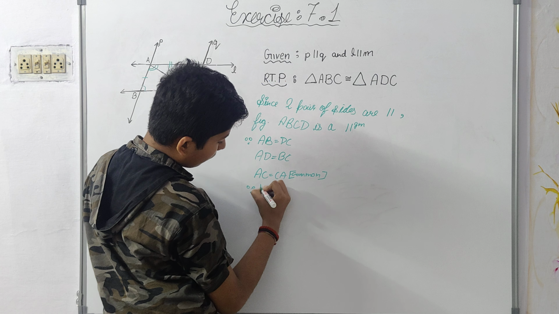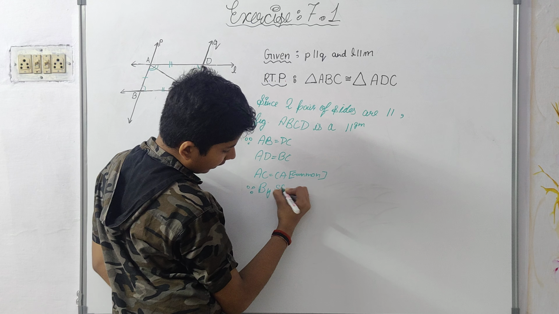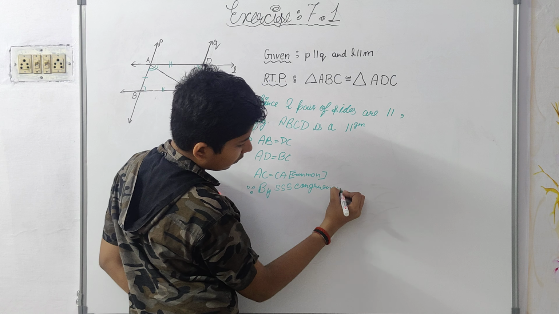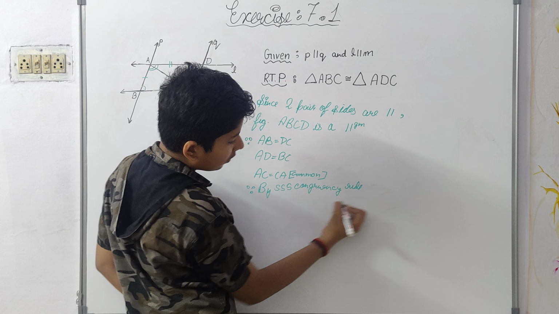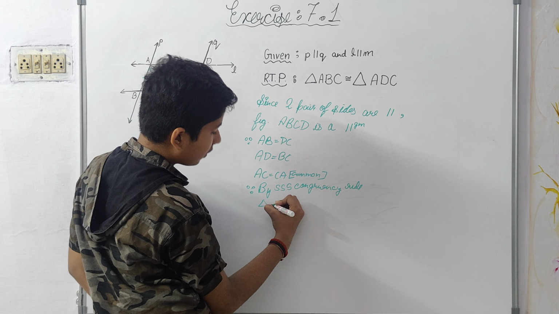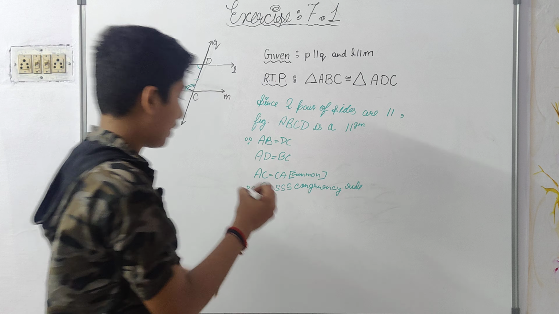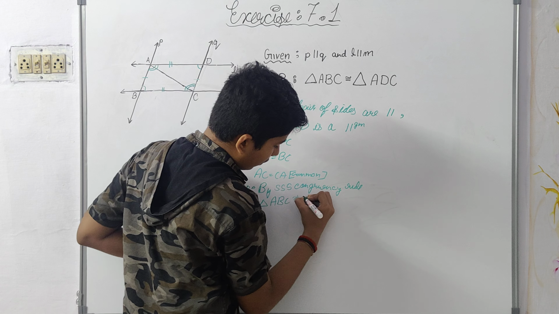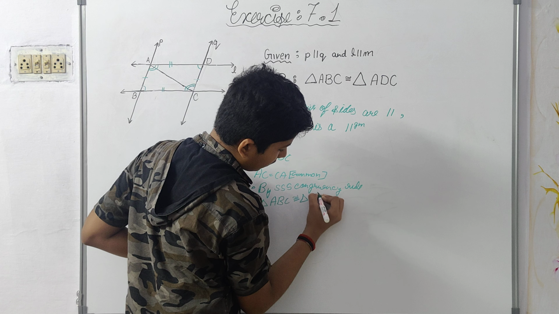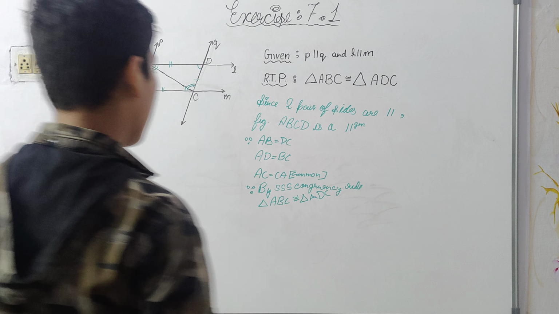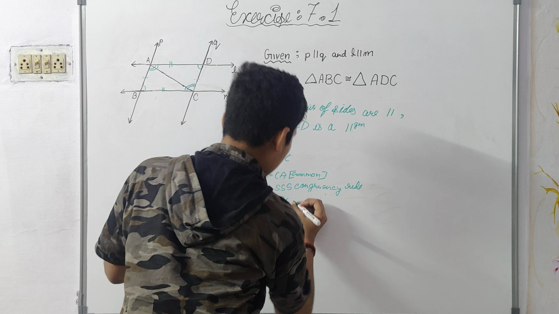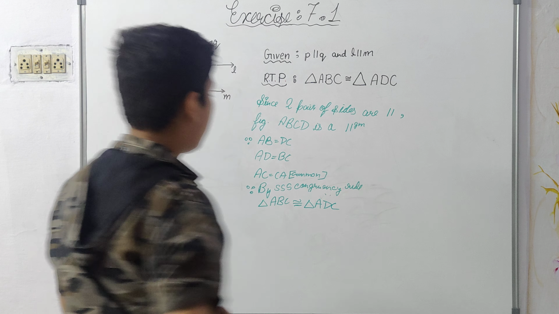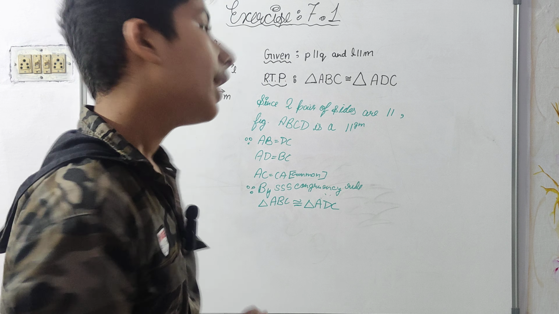Therefore, by SSS congruency rule, triangle ABC is congruent to triangle ADC. Oh, it's tilted upwards. This will be our answer, and below we'll write hence proved.